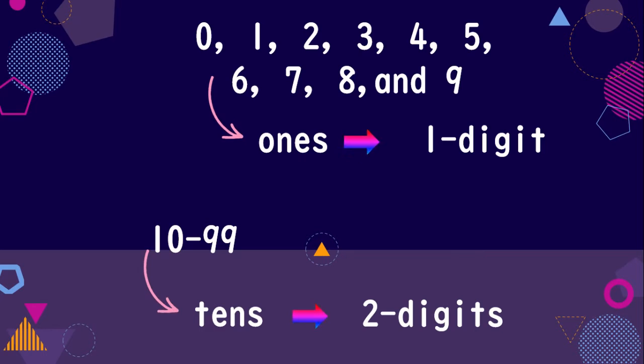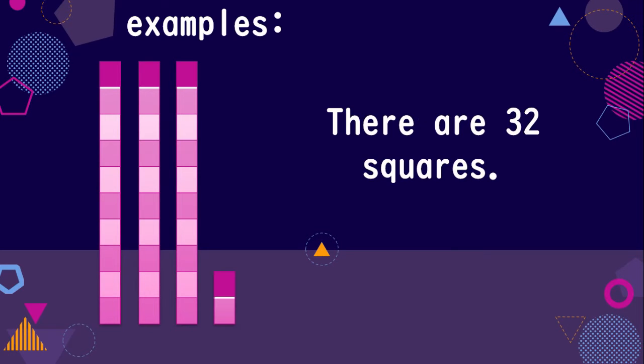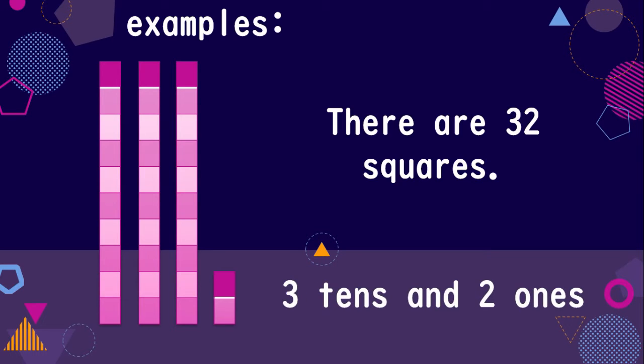Now, let us take some examples here. How many squares do we have? Very good. We have 32 squares. So, in 32, there is 3 tens and 2 ones. As you can see, this is one set of 10 squares, second set of another 10 squares, and third set of 10 squares.